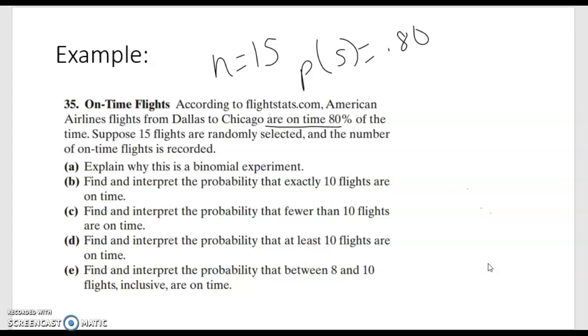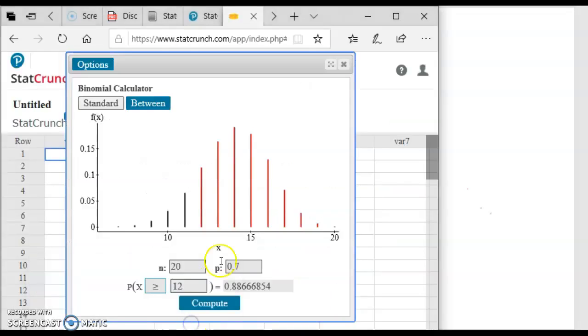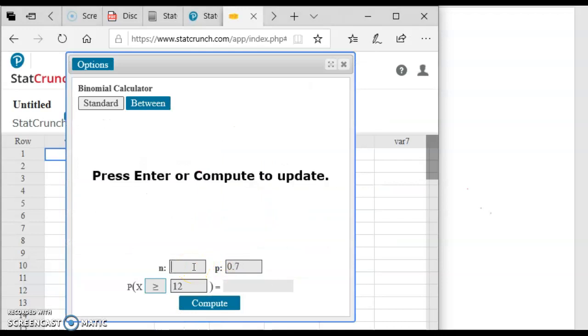B is asking us to find and interpret the probability that exactly 10 flights are on time. So we're looking for P of x is equal to 10. Go to StatCrunch. Our n is 15. Our probability of a success is 0.8.